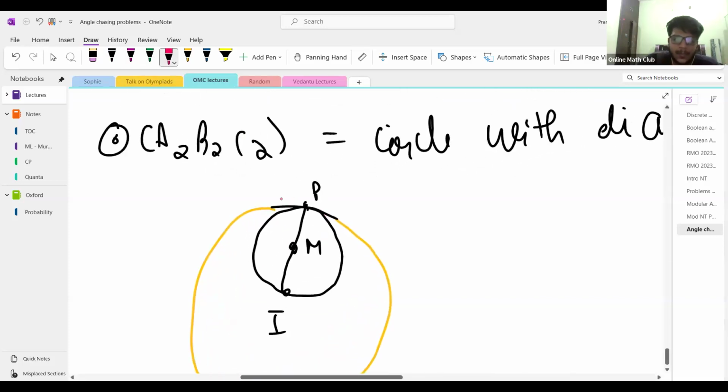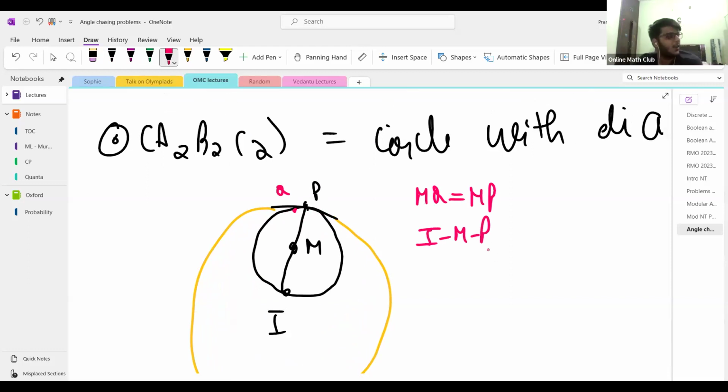Okay, so take any other point on the circle, let's say some point Q. Then I know MQ is equal to MP, right? And since I, M and P are collinear, I don't know how to formalize it, but it makes intuitive sense.